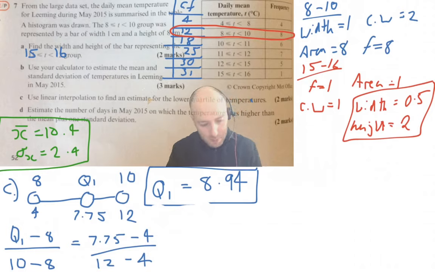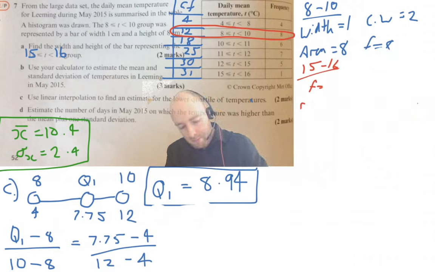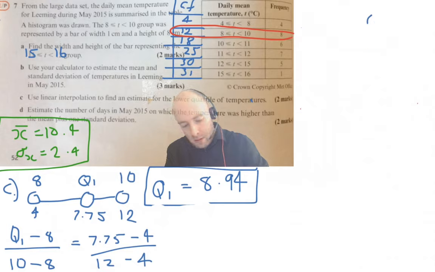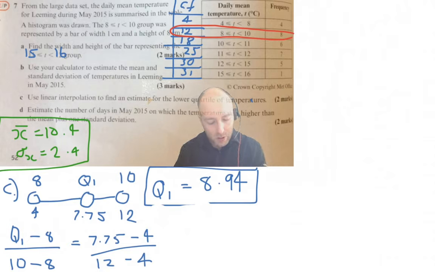Okay, last bit then, and this bit is quite difficult. So I will clear some space at the top. This bit says, estimate the number of days in May on which the temperature was higher than the mean plus 1 standard deviation.